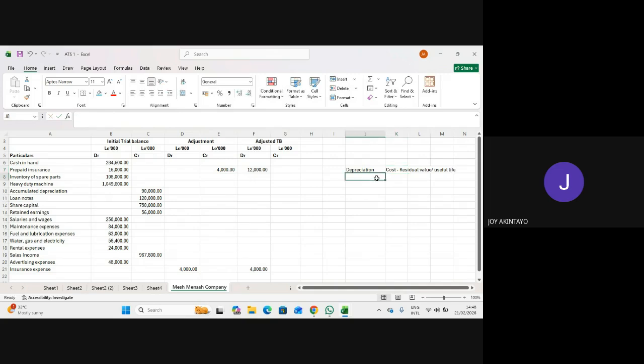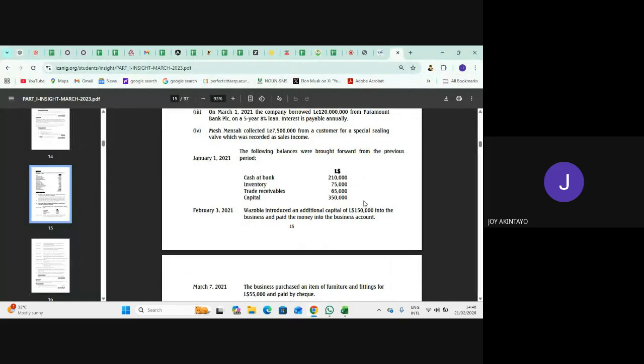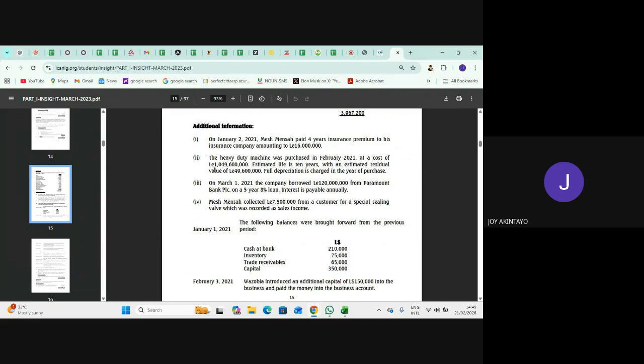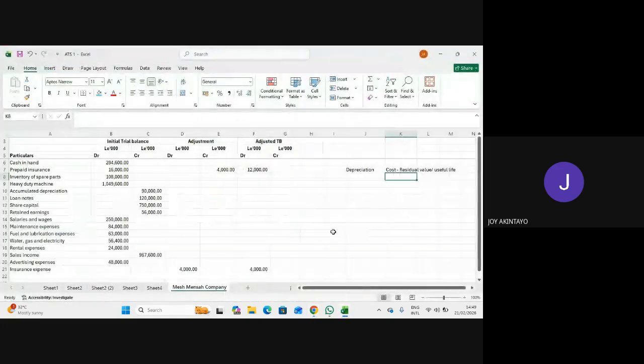So now, for the annual depreciation for the year, what's the cost of our asset? The cost of our asset is 1,149,600.